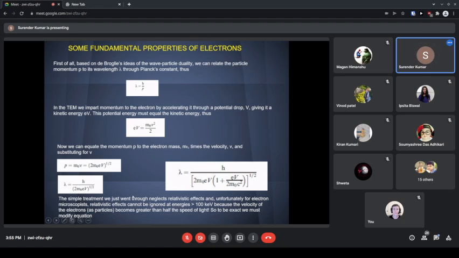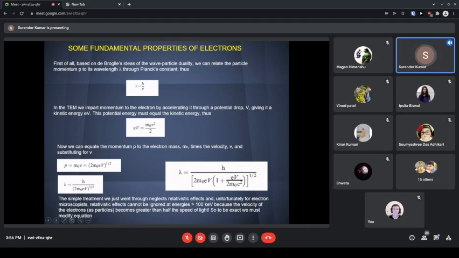Then this equation is modified as this. It is observed that below 100 kilo electron volt relativistic effects are not so problematic, but when you go above 100 kilo electron volt, the velocity of electrons becomes greater than half the velocity of light.